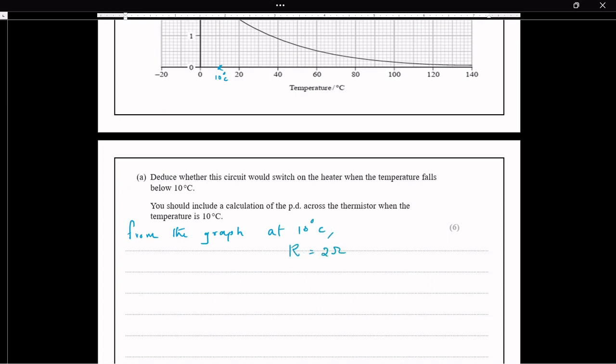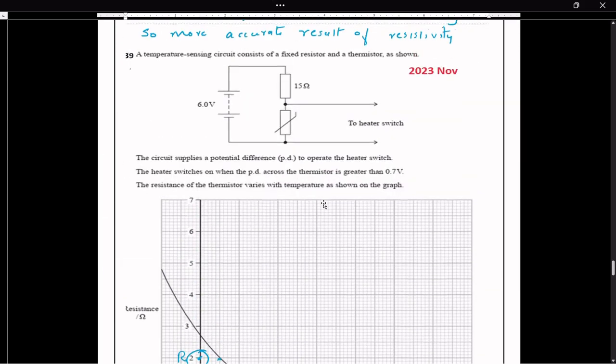This is the observation we got. So the resistance of the thermistor, R of the thermistor, is equal to 2 ohms. This is at 10 degrees centigrade.